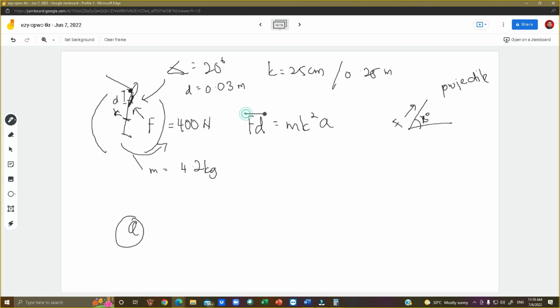Jadi, F d ni, torque dia ni, dia bukan semata-mata 400 times 0.03. No, but we need to include the degree of penetration dekat sini. We need to include the degree of the force being applied. Macam mana kita nak include?